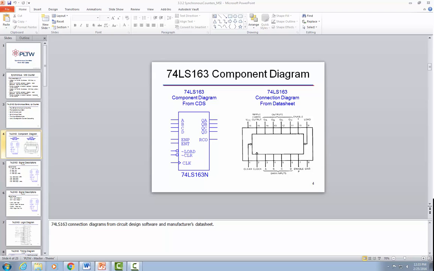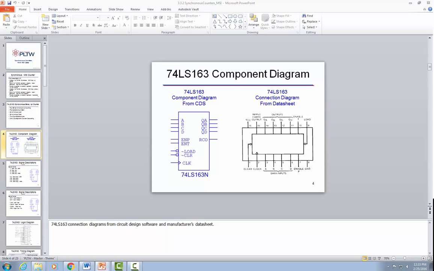The A, B, C, D on the left-hand side are kind of like the presets and clears that you used before. So we could say that we want our count to start at 2. If we wanted to start at 2, we'd tie A, which is our least significant bit, to ground, B to power, C to ground, D to ground. So then we're telling it we want it to start the count at 2, and then we detect what we want over here on our outputs, and fire load.